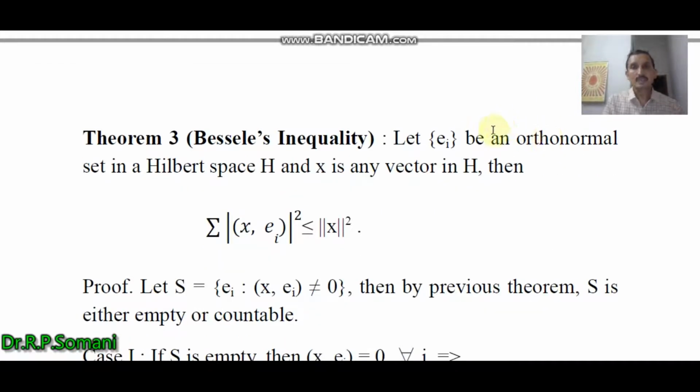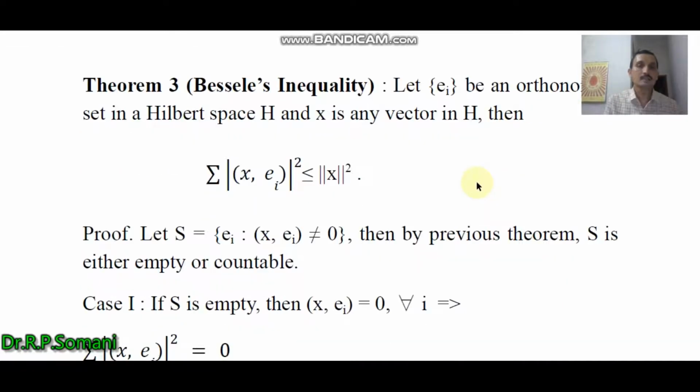Let {ei} be an orthonormal set in a Hilbert space H, and x be any vector in H. Then the summation over all ei of |⟨x, ei⟩|² is less than or equal to ||x||². This set {ei} may be finite or infinite, both cases. So we will see this.